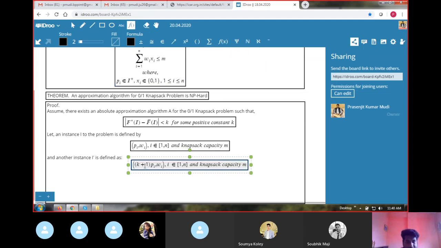Only the profits are k plus 1 times the profit in instance I. So we define two instances I and I dash.